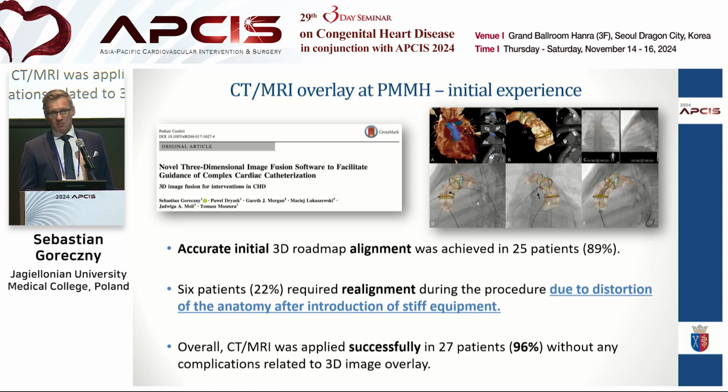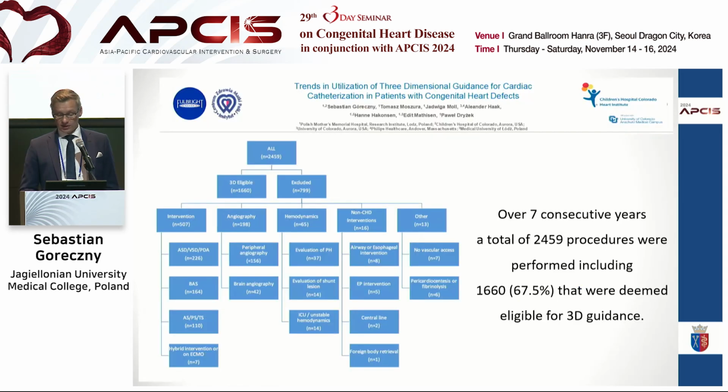The important message from that paper is that in the majority of patients, we could achieve good alignment of that 3D map, but in 22% of patients, once you introduce stiff wires and catheters, the alignment might actually change. Also, if the patient is awake and moves on the table, or you push with a long sheath on the groin and you push the patient a little bit, your alignment might change. But overall, in over 90% of patients, we were able to use that imaging modality successfully.